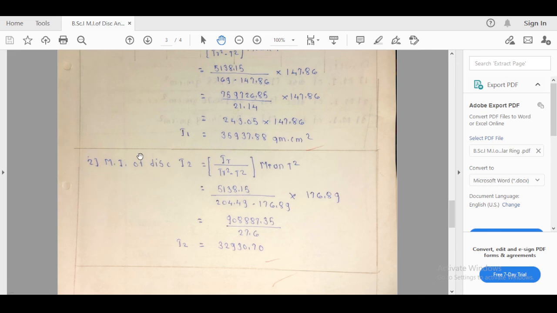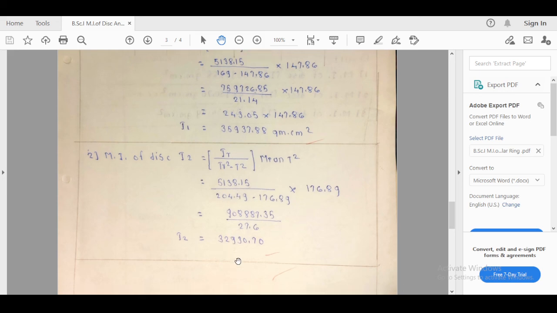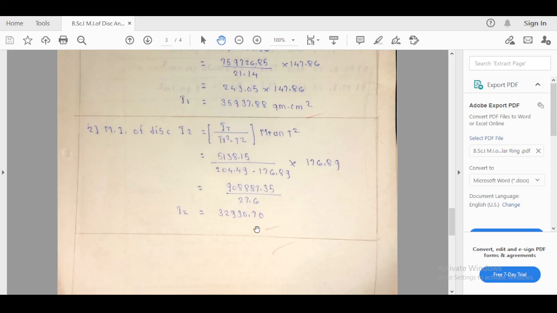Now we move towards the second calculation. Moment of inertia of the disc I2 for the second length is IR upon TR square minus T square, into mean T square. Now as we know from the two observations, this is IR divided by this minus this, divided by, into this, and it comes out to be 329307 centimeter.